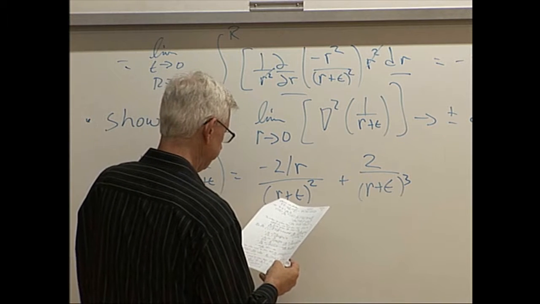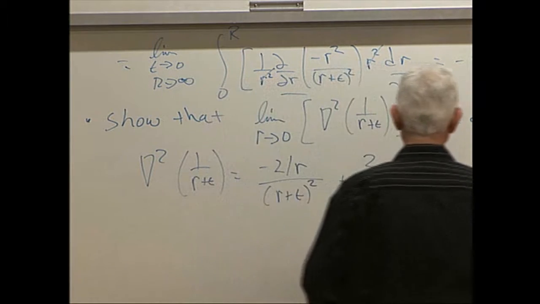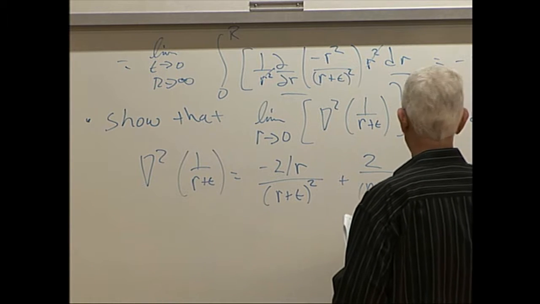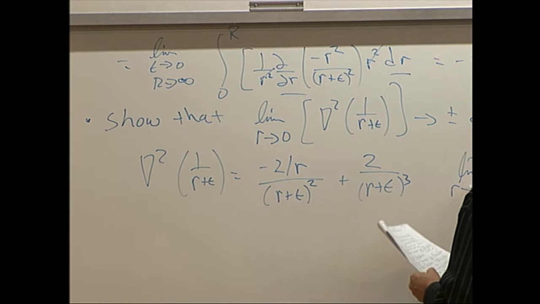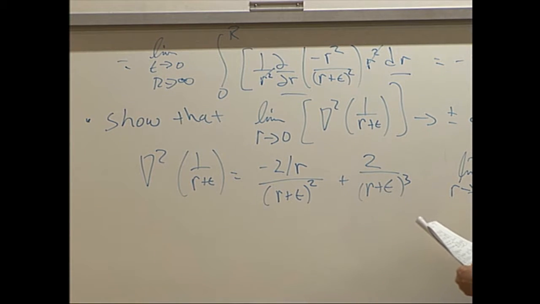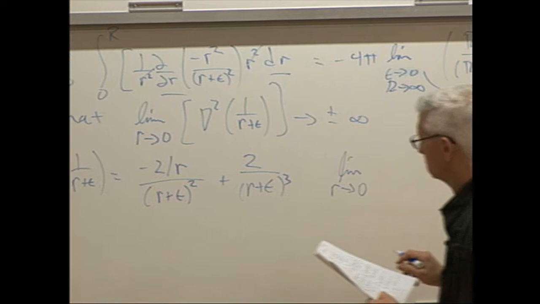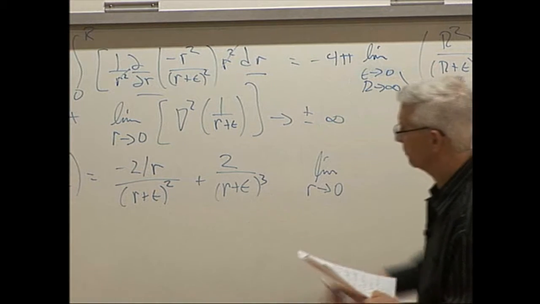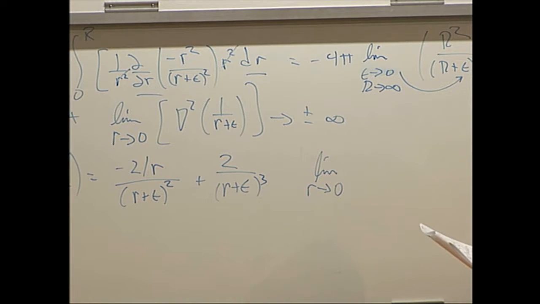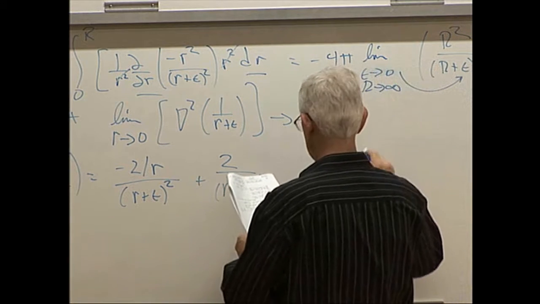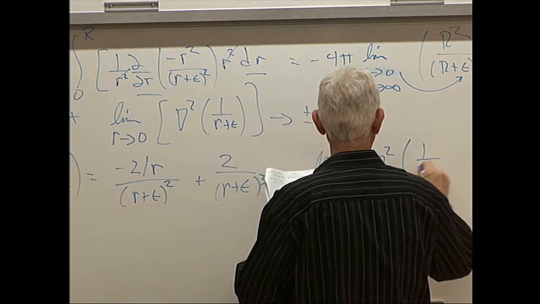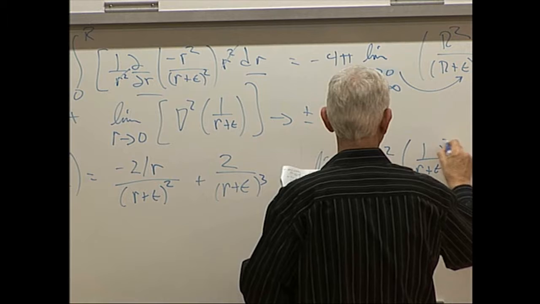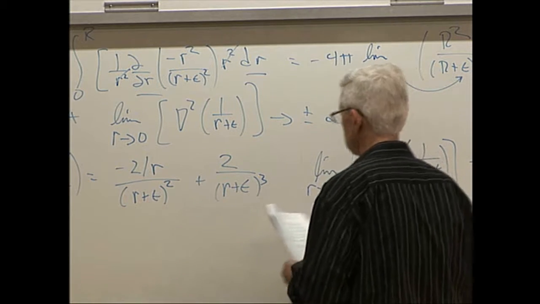Now, the limit as r goes to 0, and don't forget we have the limit for epsilon going to 0 also, is that the limit of del squared 1 over r plus epsilon goes to infinity.